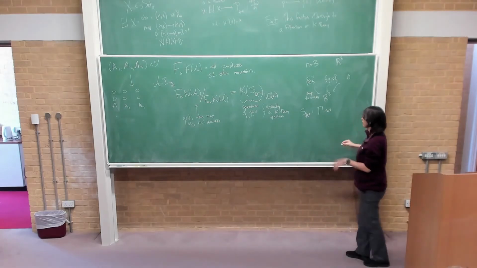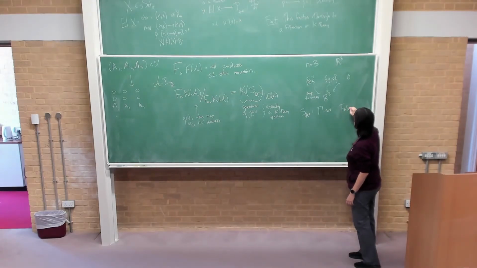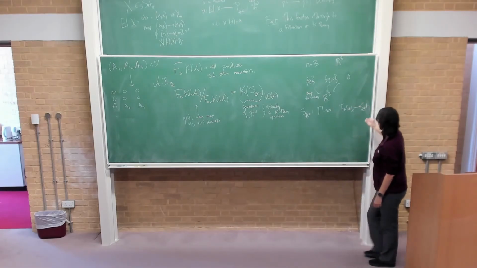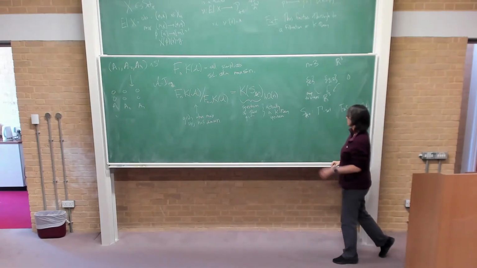So a gamma set is a functor from finite pointed sets to sets. Actually, in this case, we're doing pointed sets, but it doesn't really matter.